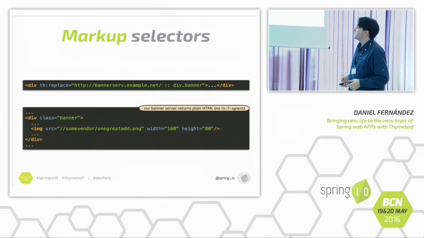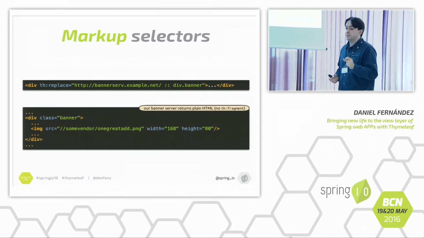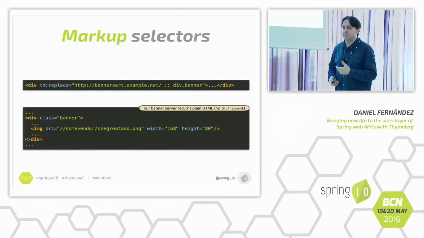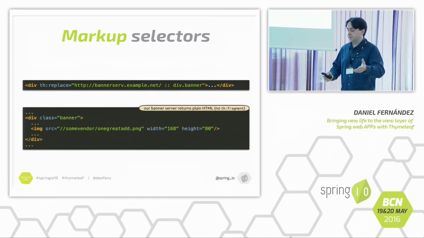Most simple case. But markup selectors are much more flexible because they allow you to insert fragments of code from pages, from templates that don't even know that Thymeleaf exists. For example, in this case, we might have something like a banner server, and that banner server might be serving HTML without any th:fragment attributes at all. All it has is just a piece of HTML, and we want to extract a div tag which has class banner.